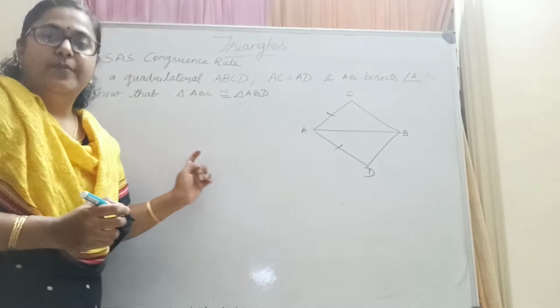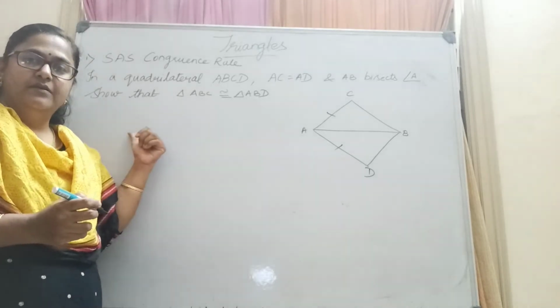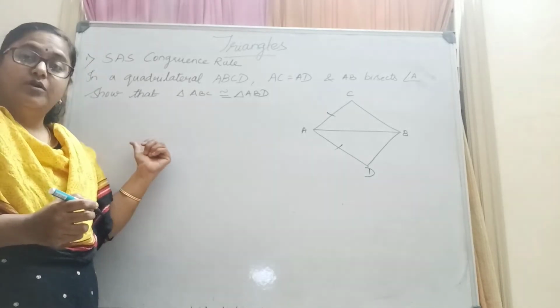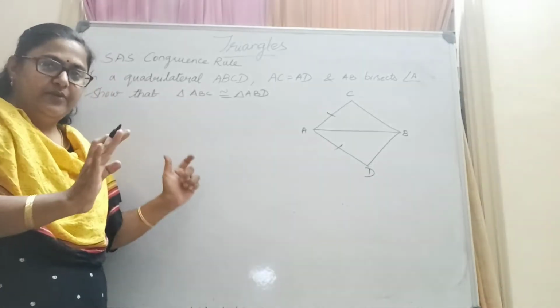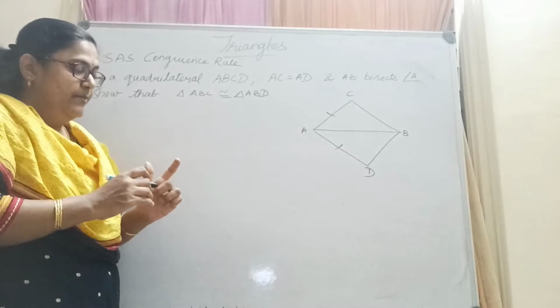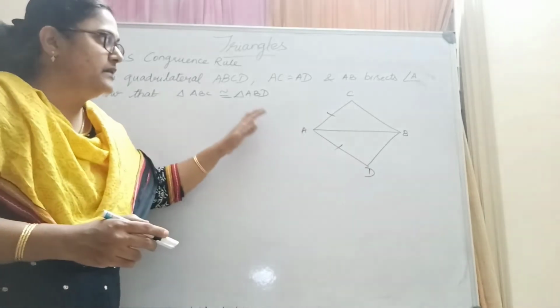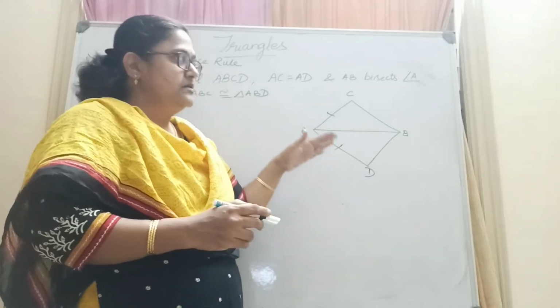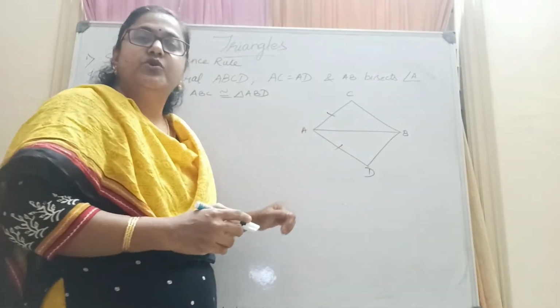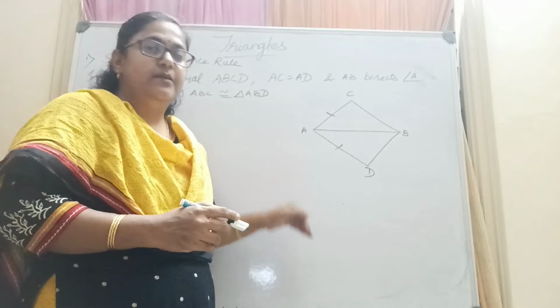See, in geometry we always write what is given, what is to be proved or what is to be found, and then we write the solution or the proof, right? That is compulsory. But it is always better if you mark the given information in the figure. Why? Because by seeing the figure it is easy to solve the question or easy to write the proof.